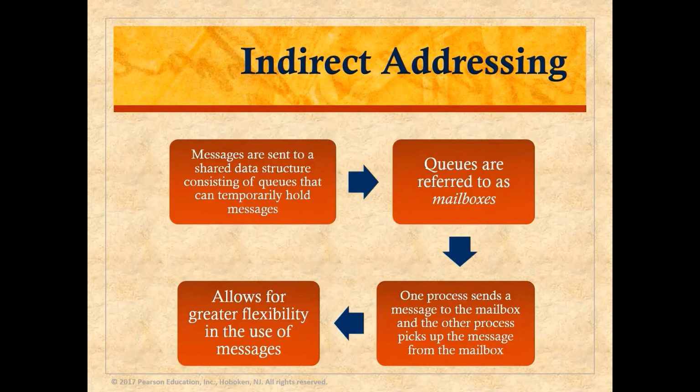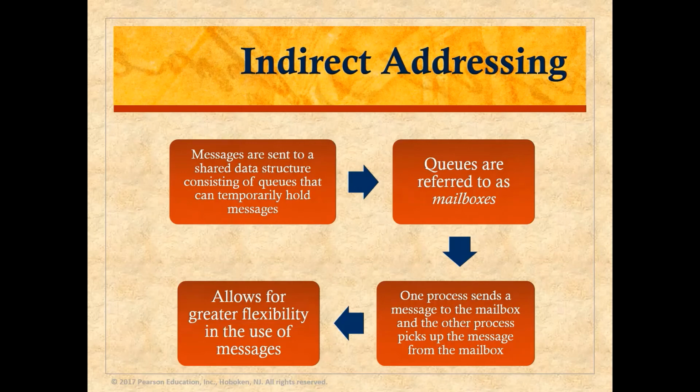The second one is indirect addressing, where we could have one-to-one communication and also many-to-one or many-to-many. In indirect addressing, we have one mailbox that the sender will send to, and the receiver will take the message out from the mailbox. This could be accessed by more than one process.